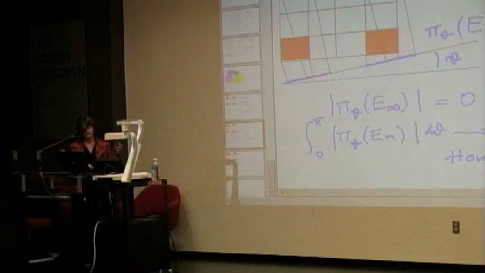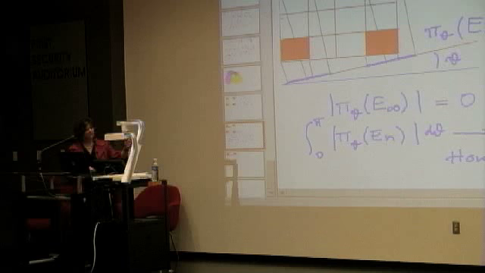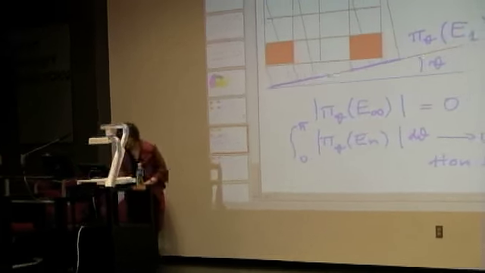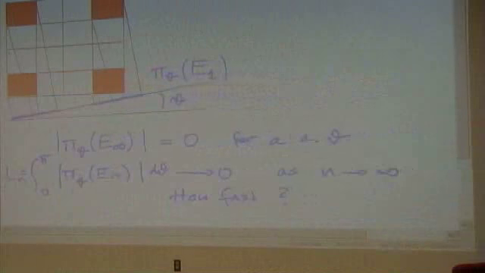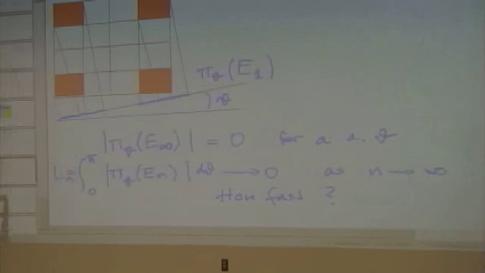There are bounds from above and below, which I'm going to state in a moment, but the optimal rate of decay is not known. Let me call this Ln. And here is what's known about it for the time being.